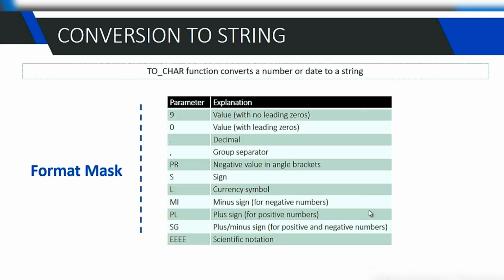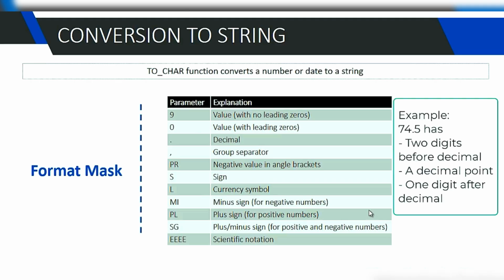These are the parameter values that you will need to specify when you are converting a number to string. So suppose you have a number, say 74.5. That number has 2 digits before the decimal point, then there is a decimal point, and there is one digit after the decimal point. When you are converting this to a string, you will mention it in the same way. You will say it has 2 digits which will be 9 and 9.